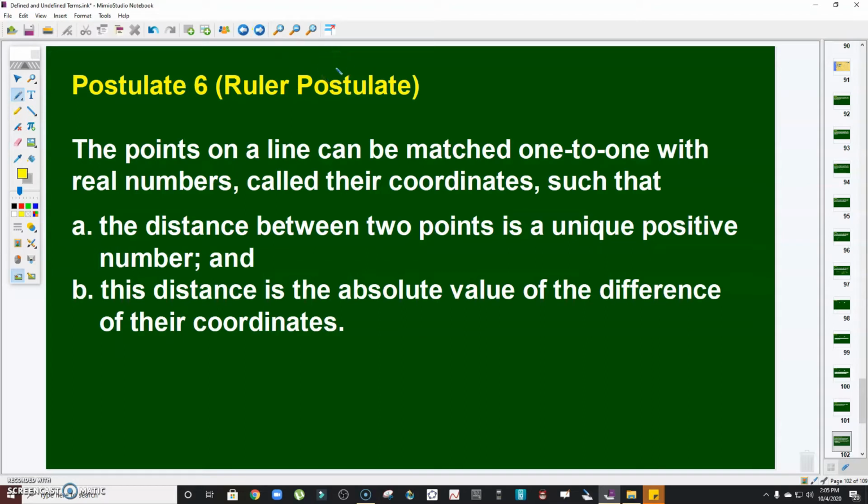Ano ba ibig sabihin nito? So, the points on a line can be matched one-to-one with real numbers, called their coordinates, such that the distance between 2 points is a unique positive number. And this distance is the absolute value of the difference of their coordinates. Okay, let's illustrate that.